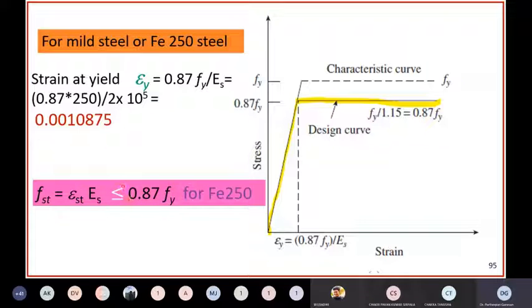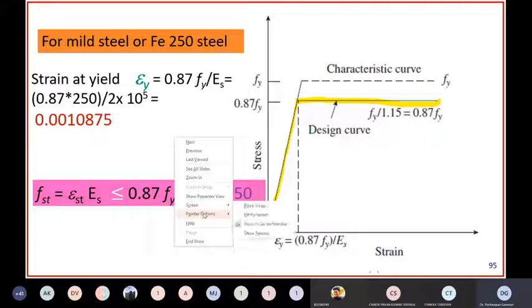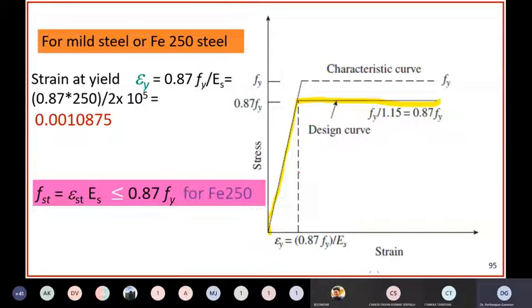Is that understood? Suppose, for example, I have a strain epsilon st of 0.002.